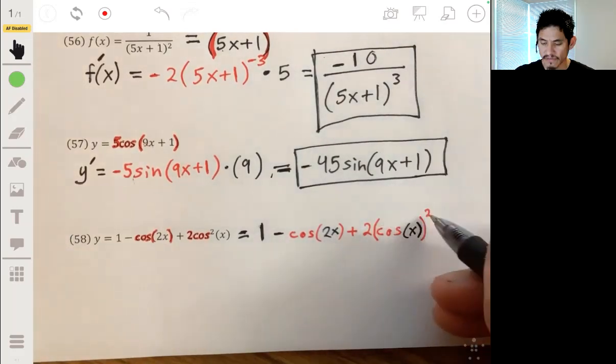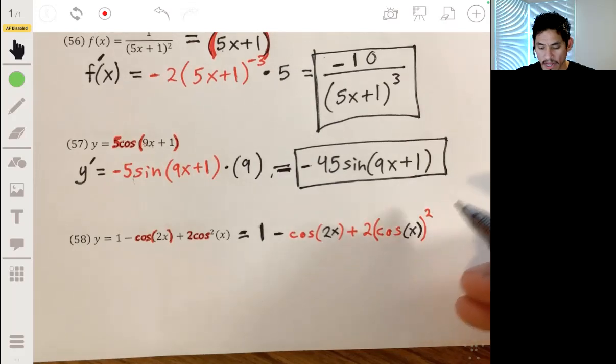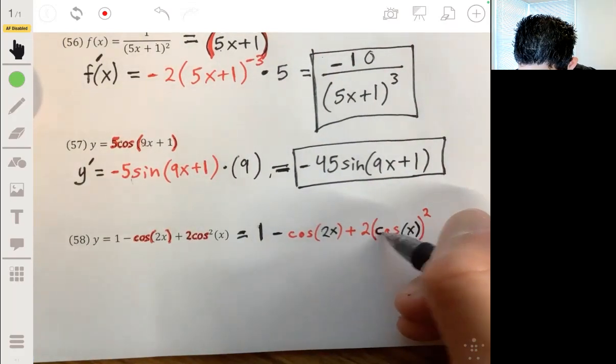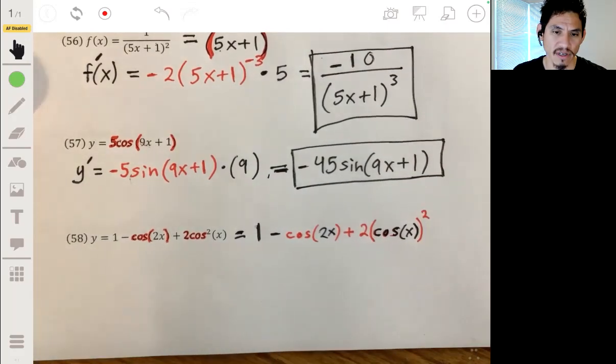So you can see the outside function is the squared function. And then you have the inside function as the cosine function.